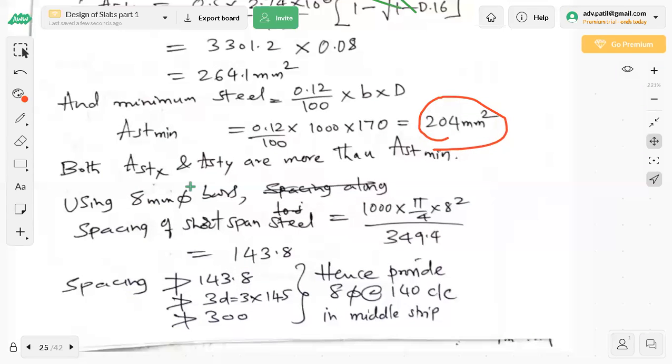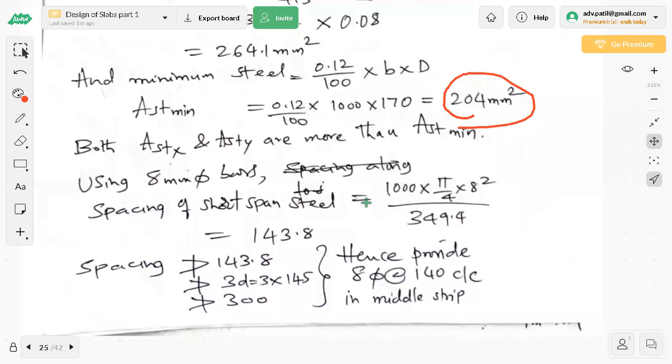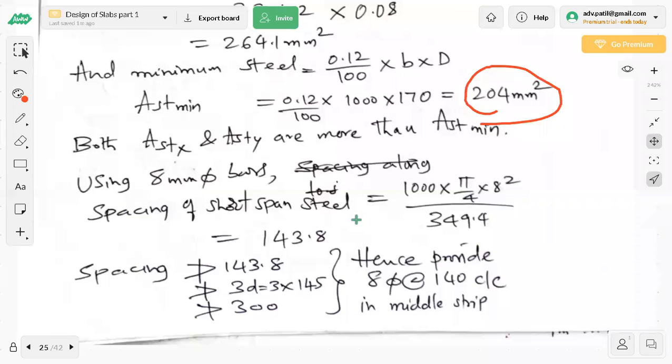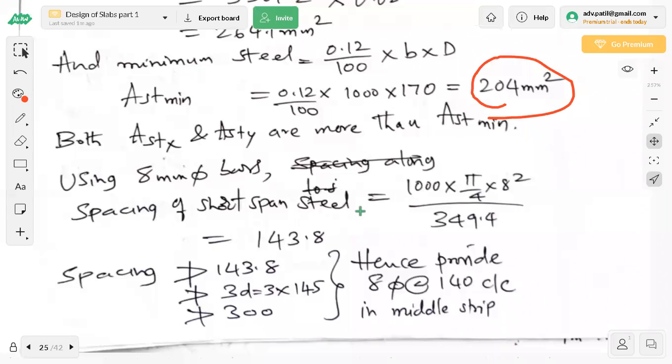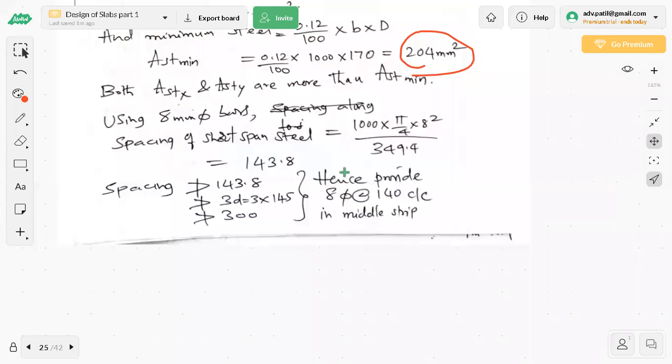Now both ASTX and ASTY are more than AST minimum. So you fix the bars, either 8 or 10 mm. Let us use 8 mm bars. Spacing of short span steel. I'll draw this figure once again.